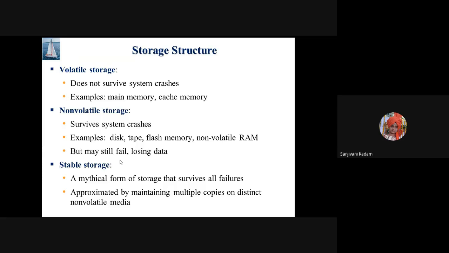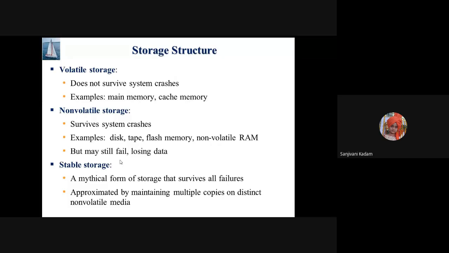And the last type of storage is stable storage. This is a mythical form of storage, which means it is not possible. In theory only, this kind of stable storage is available that survives all the failures. But this can be achieved, or approximated, by maintaining multiple copies on distinct non-volatile media.